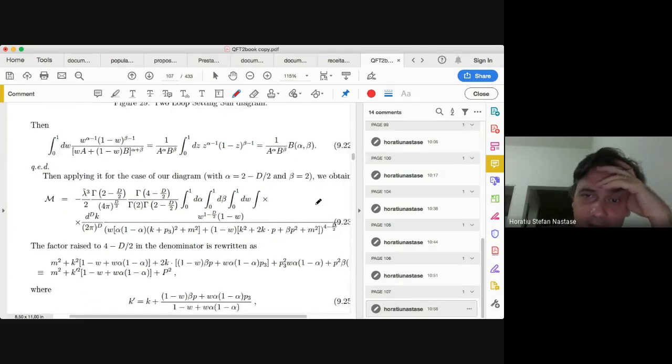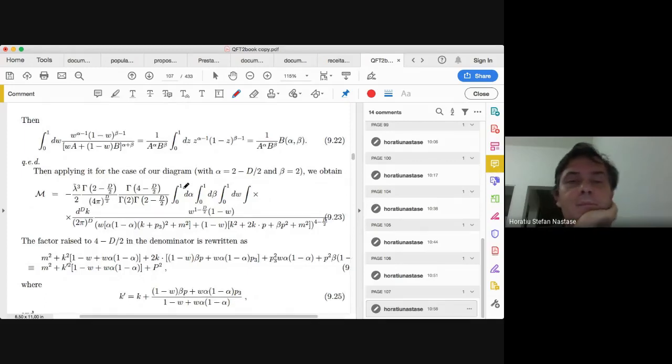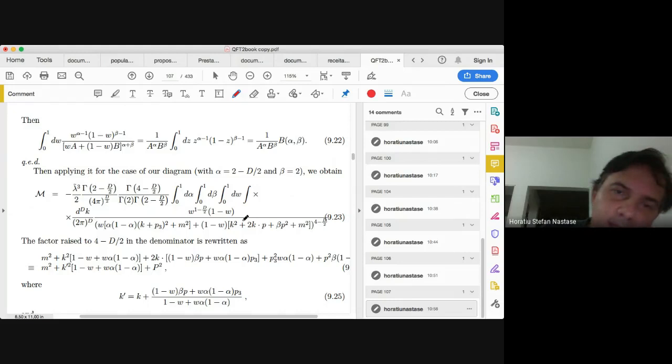The result is the same. So the Feynman diagram now is again an integral over 3 Feynman parameters, alpha, beta, and w. And I still have the integral over k to take care of.